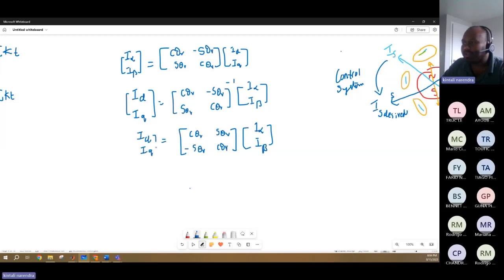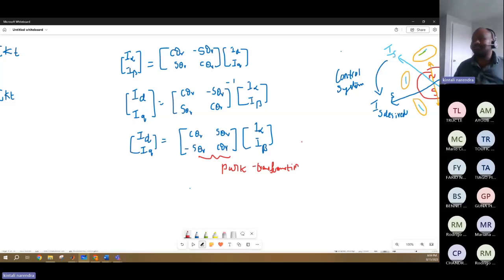This is the math we apply in order to find ID and IQ. This matrix is called the Park transformation matrix.